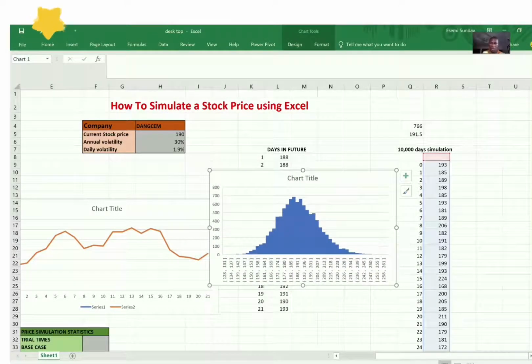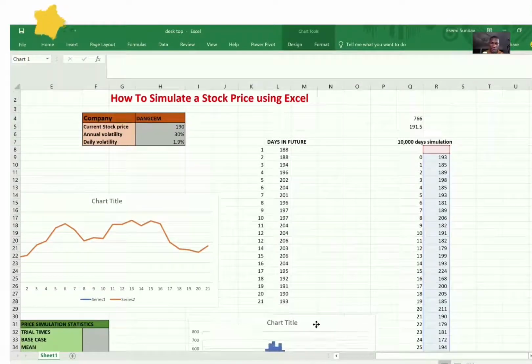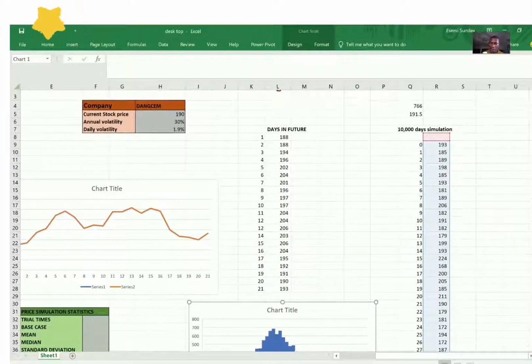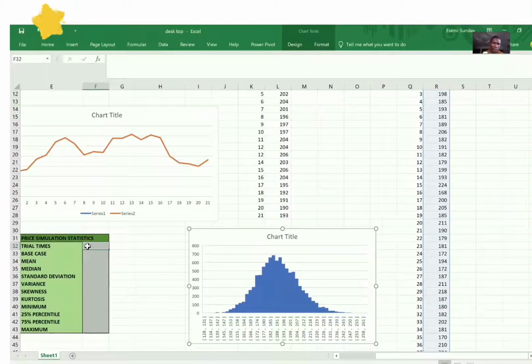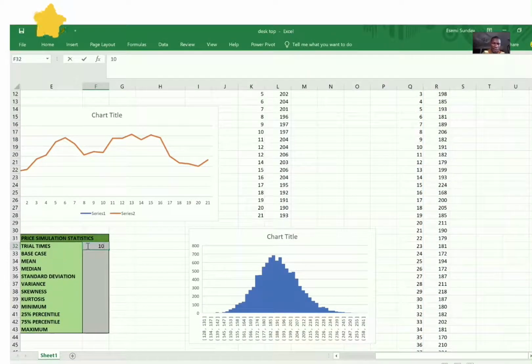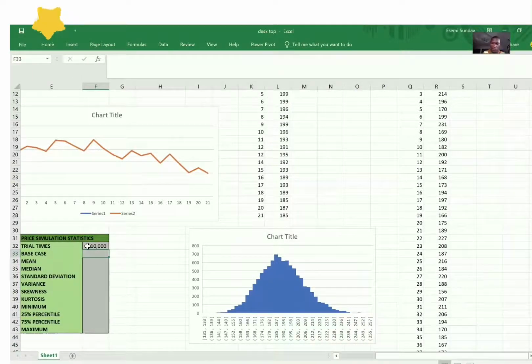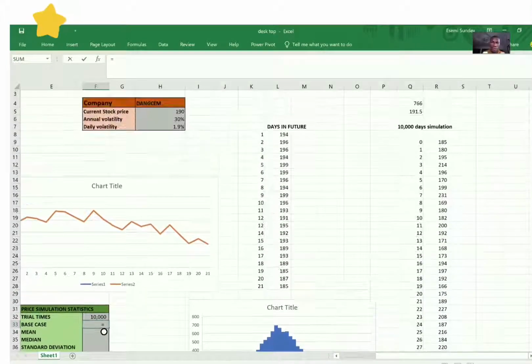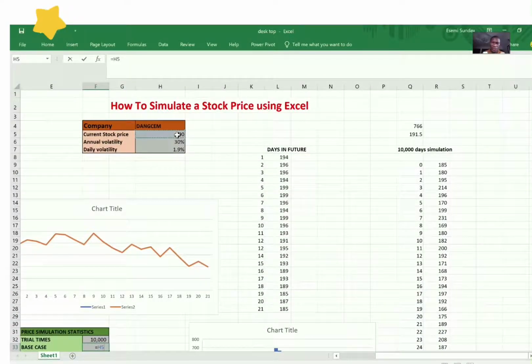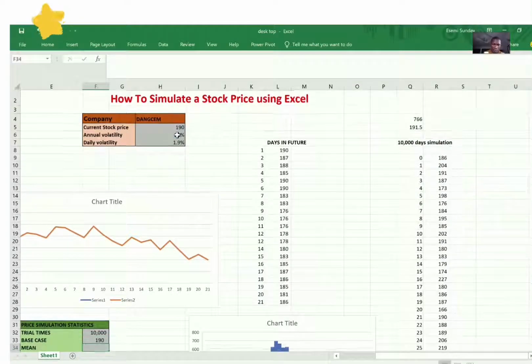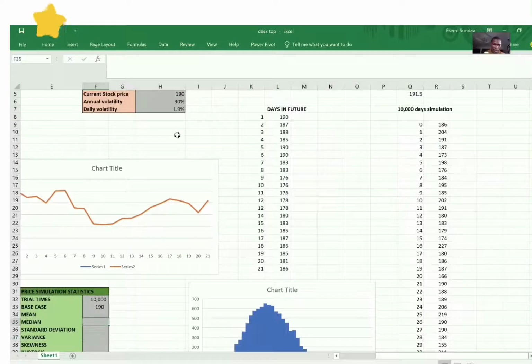So this is how to simulate a stock price. That's how the simulation is done. Now we can find the mean price here. So we've done a 10,000 simulation with a base case of how much? Our base case is 190, and then we can find our mean value.